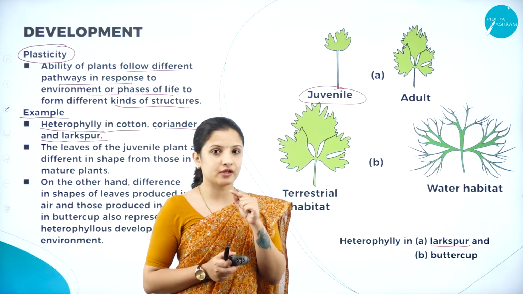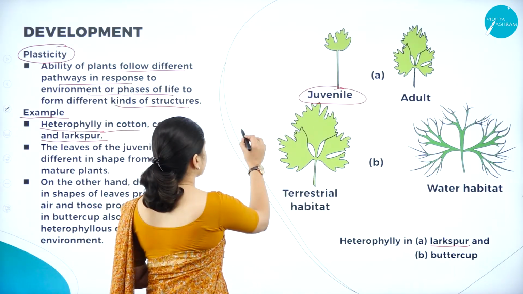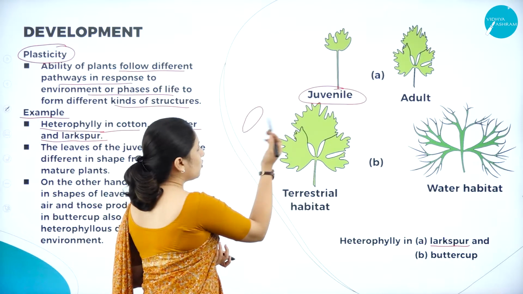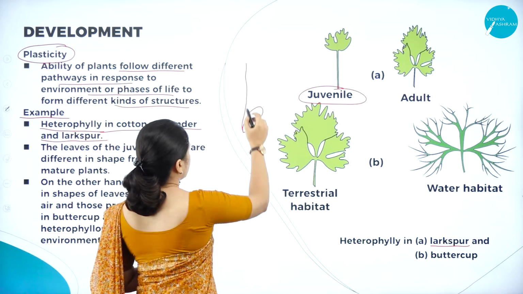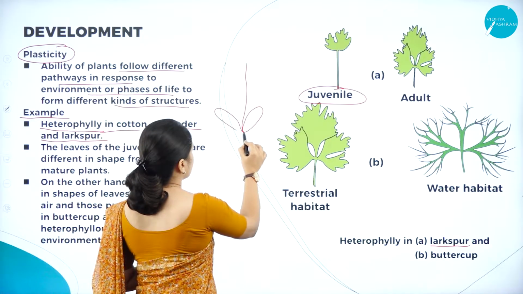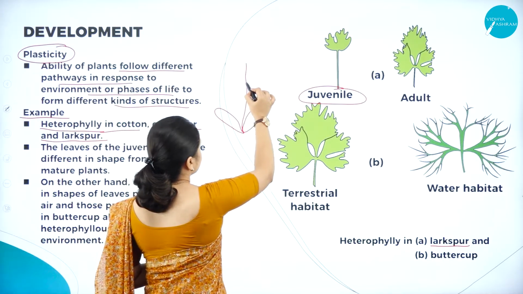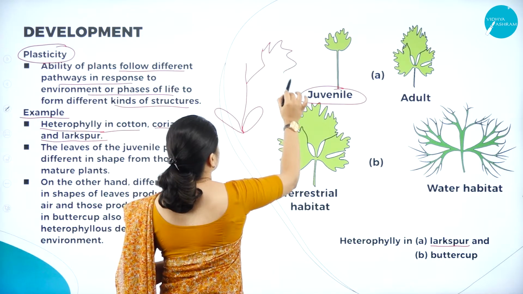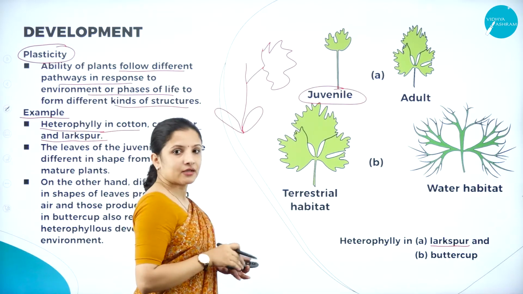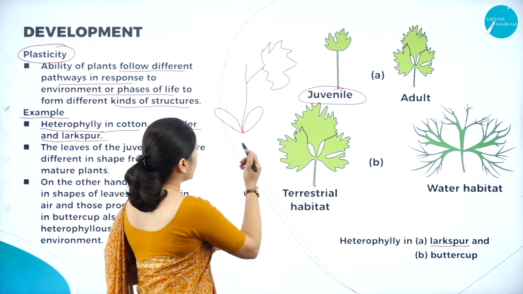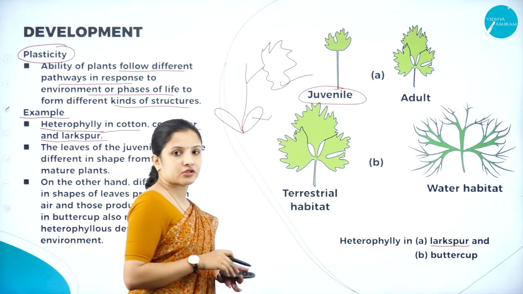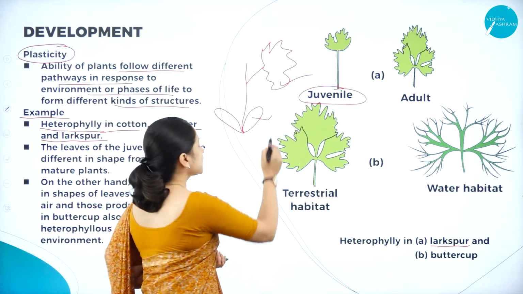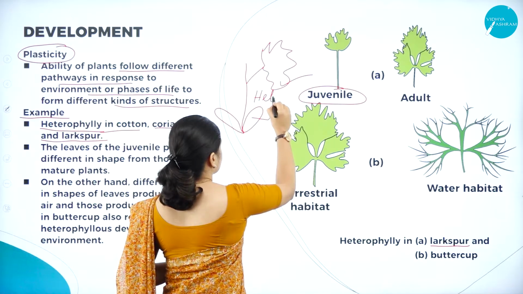The young leaves of coriander will be oval like this. But the older leaves will look somewhat like this. So here itself you can see one kind of leaf and a different kind of structure in the leaf. It is called heterophily.